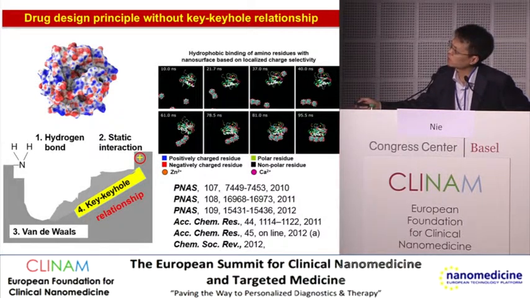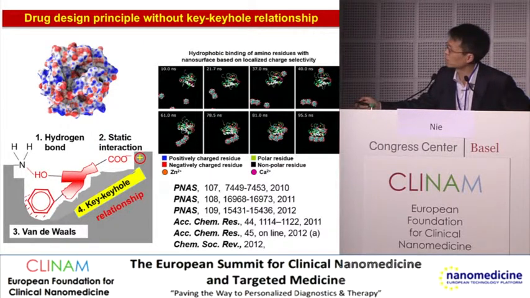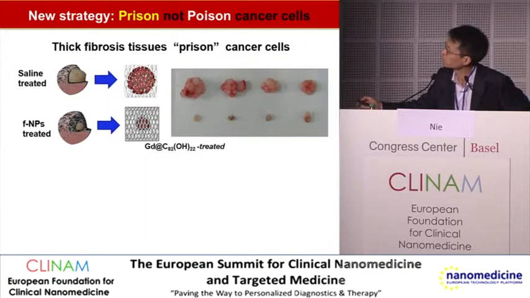All of these so-called weak interactions between nanoparticles and their targets work together, for example hydrogen bonds and also electrostatic interactions. They all work together to let the nanoparticles interact with multiple cellular targets. So this is really something out of the scope of traditional biology studies.